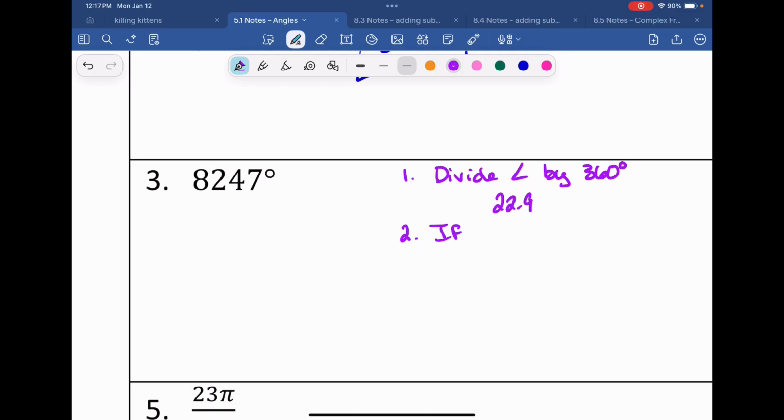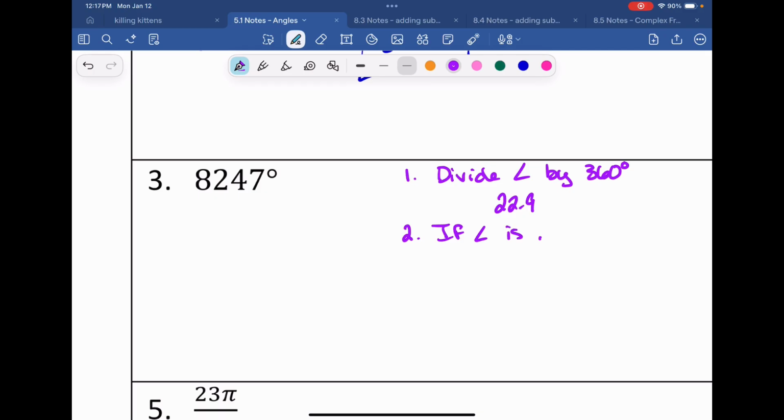If the angle is positive, round down. This is going to be 22. Multiply by 360. Then subtract.